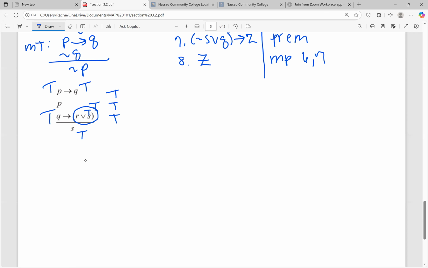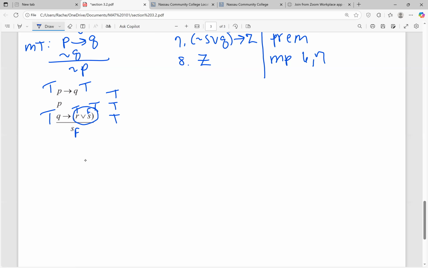But we have to consider, well, what other ways can this or statement be true, right? What if S was false? Then my conclusion would be false. And then what would R have to be? It would have to be true because true or false is true, right? Making the right-hand side of this conditional statement true.